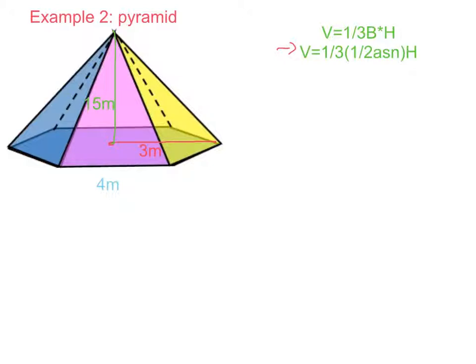Alright, so now let's plug in the information we have given in our example here. So we're going to go volume equals 1/3, and I'm just going to leave the 1/2 in the parentheses for right now. The apothem is 3, the side length is 4, and n is the side number, and that's 6, and the height is 15.